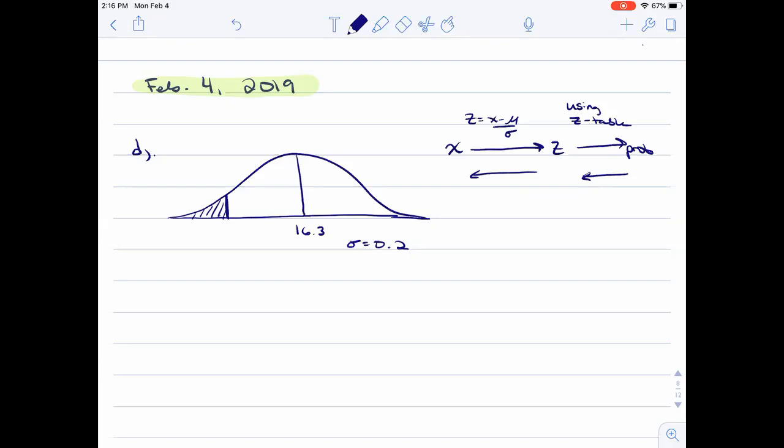I'm going to put a little question mark underneath here to indicate that's what I'm looking for, and I'm going to force this area to be 0.04, 4%. When we're working with percentages, we have to convert them to decimals, so 4% is 0.04.